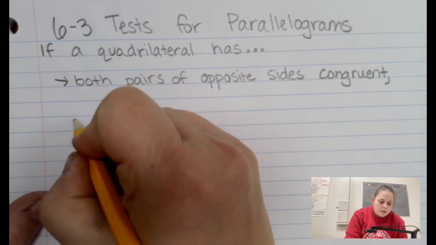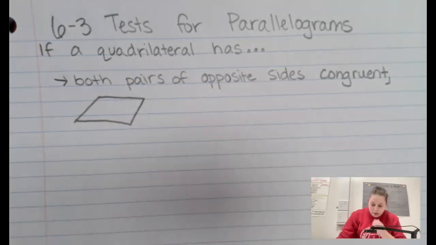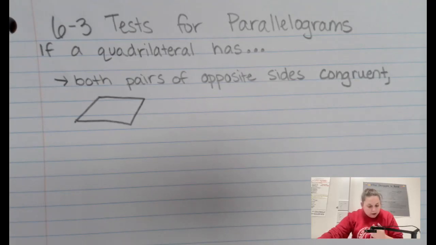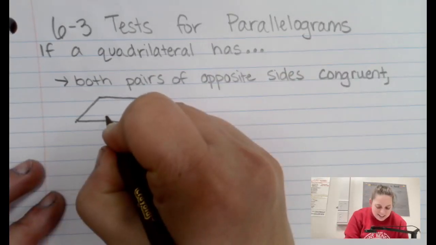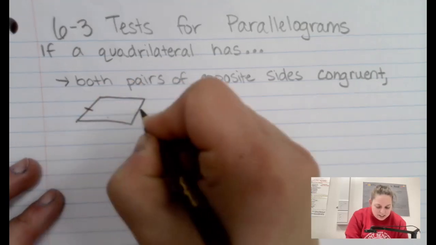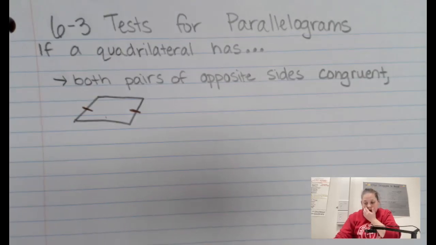So I'm going to draw that out. Alright, I see that's not a very good drawing, but I'm going to change it. So I'm going to say that this side here is congruent to this side. So those are opposite and they're congruent, and I can see that with those tick marks.